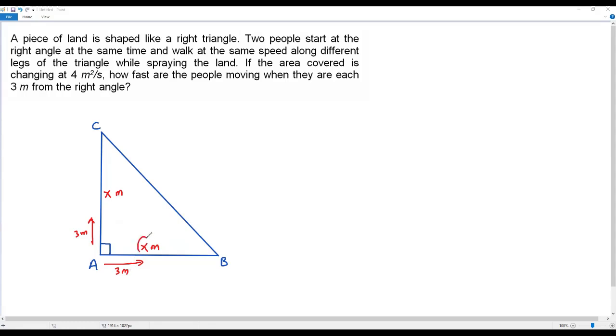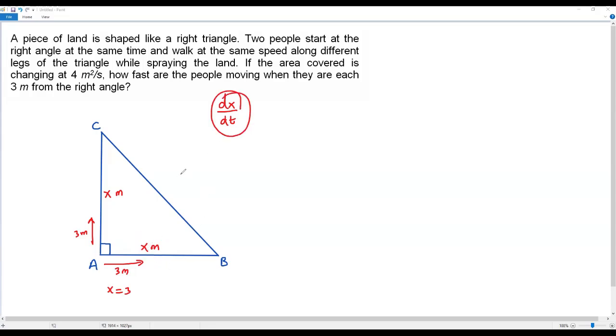It is given by the derivative of this x, because we have assumed x as the distance covered by each person. To find how fast each person is moving, I just have to get how fast x is changing with respect to time. That is given by the derivative dx over dt. More specifically, when x equals 3 meters, how fast the people are moving is given by dx over dt.